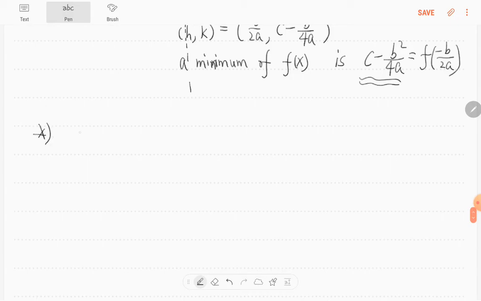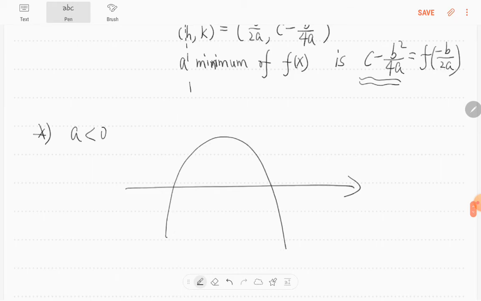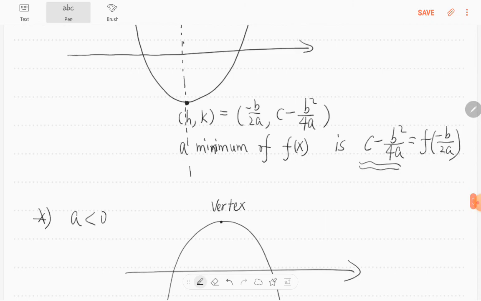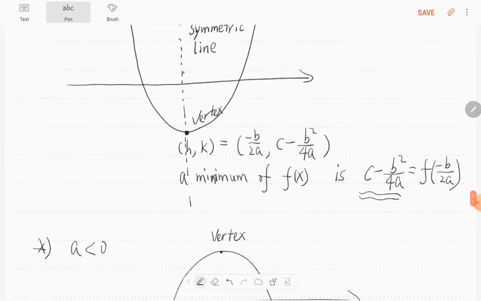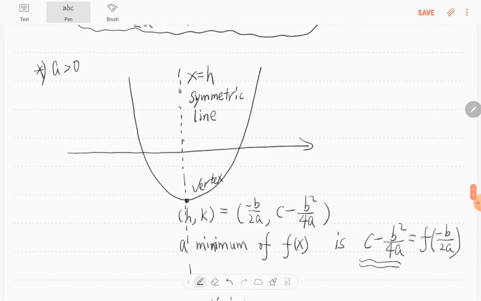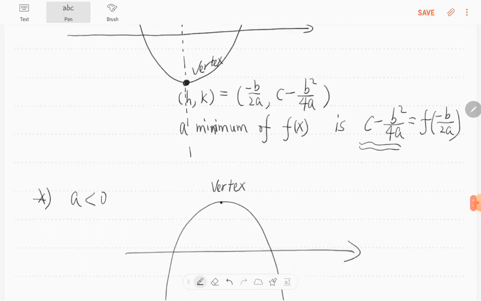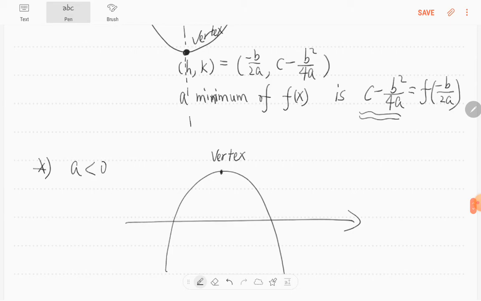If a is less than 0, then the graph will open down. Then this point is called the vertex.